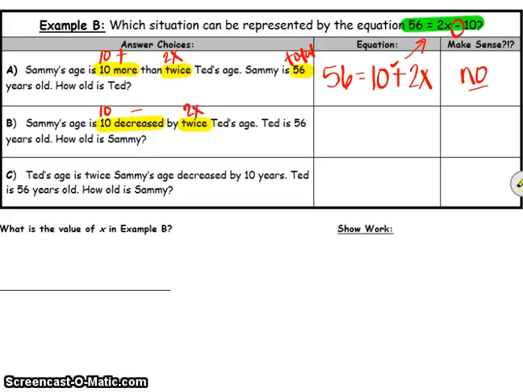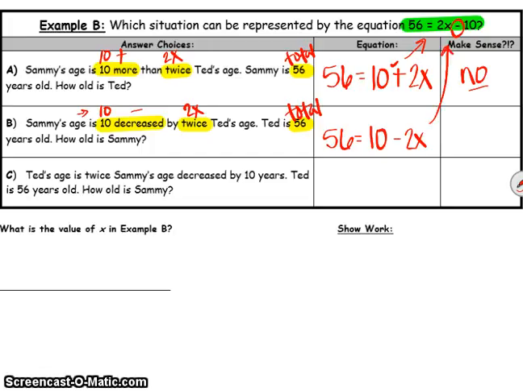And then I know that Ted is 56. And so I also know that my biggest number is going to be my total. So I start with 56. Then I read left to right. So I have 10 minus 2x. Does it match? It's really close. It has a subtraction symbol in there.